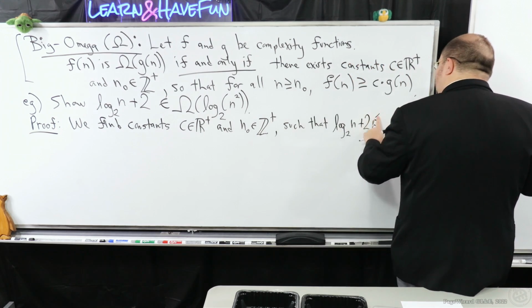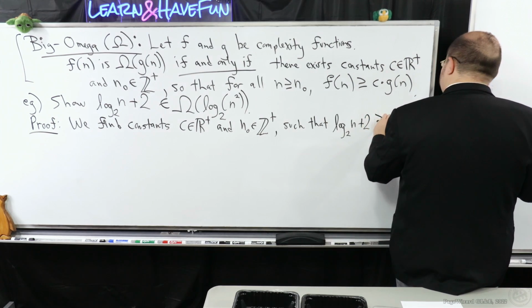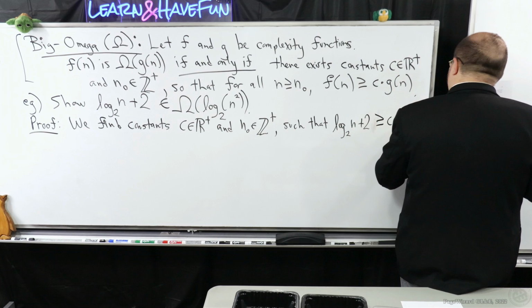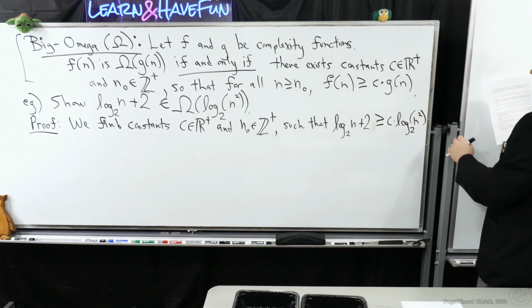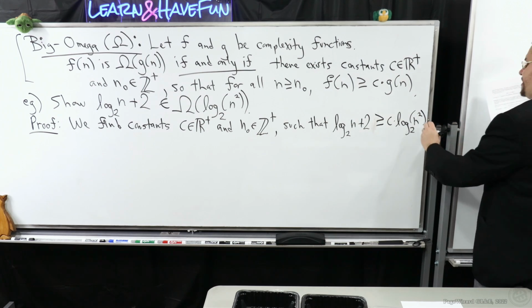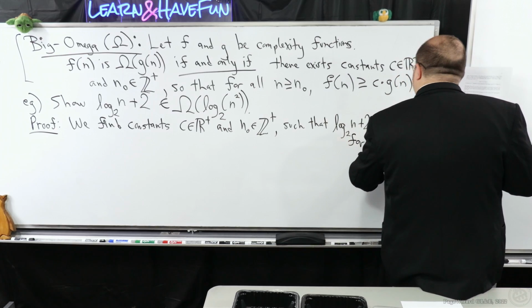Remember, that's what the big O one is. Big omega is greater than or equal to c times log base 2 of n squared. N squared is all together, by the way, the input for the logarithmic function there. And this has to be true for all n greater or equal to n0.